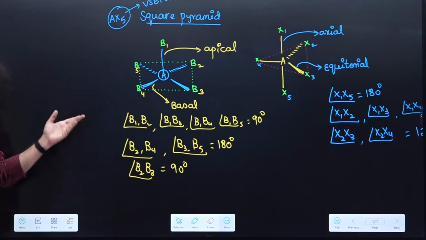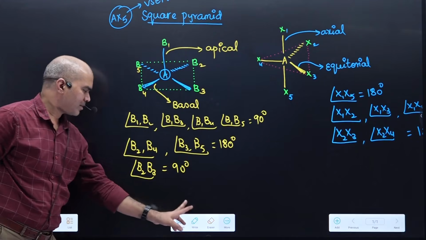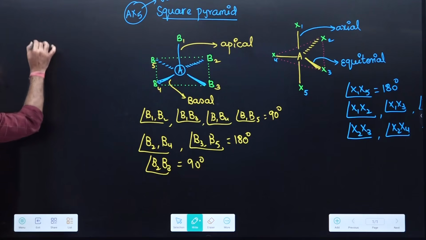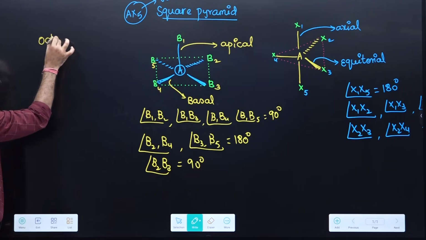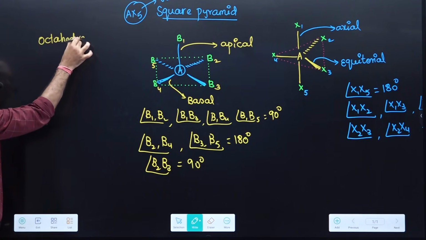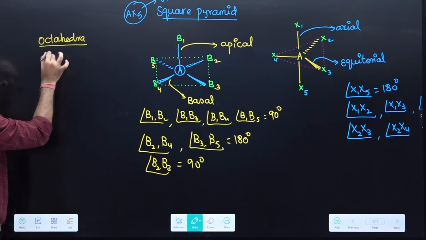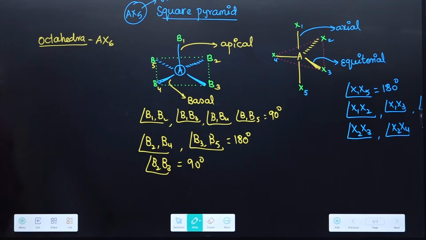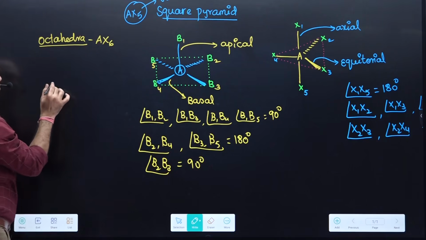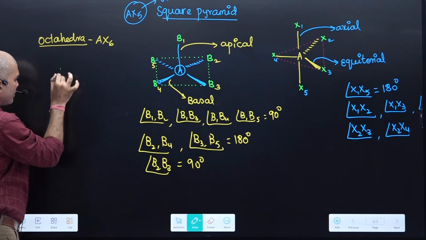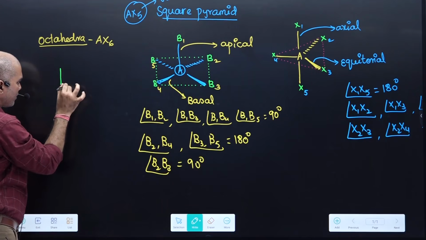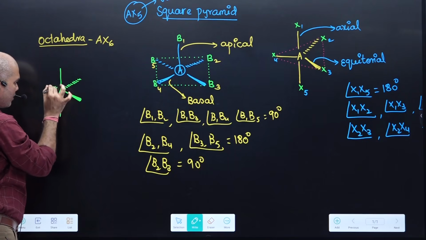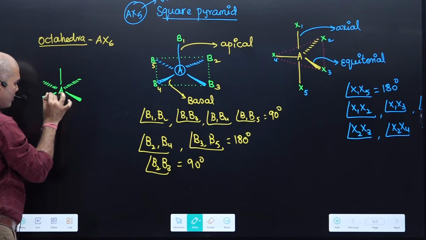A little extension of square pyramid is octahedral. For this I can give AX6 symbolism. E I am not giving because E is considered to be lone pairs. This is away from you, this is towards you.